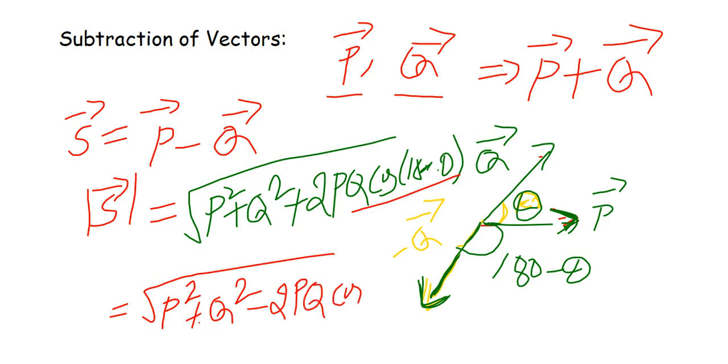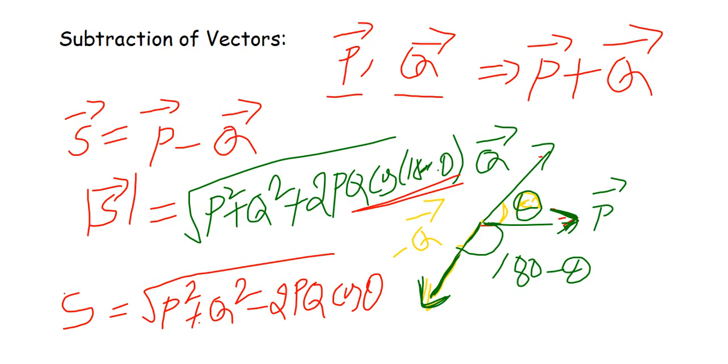So the magnitude of the subtraction vector S is root over P square plus Q square minus 2PQ cos theta. If we add two vectors, the magnitude of the resultant r is root over P square plus Q square plus 2PQ cos theta.